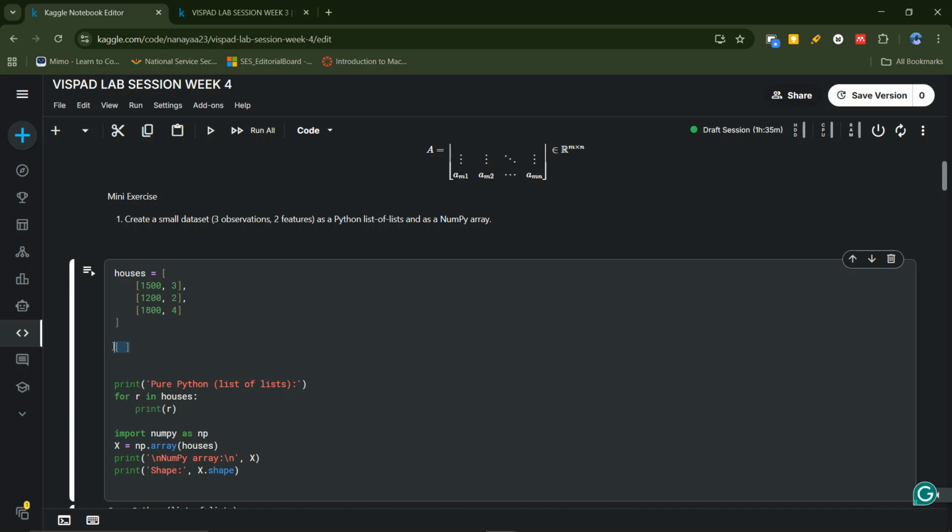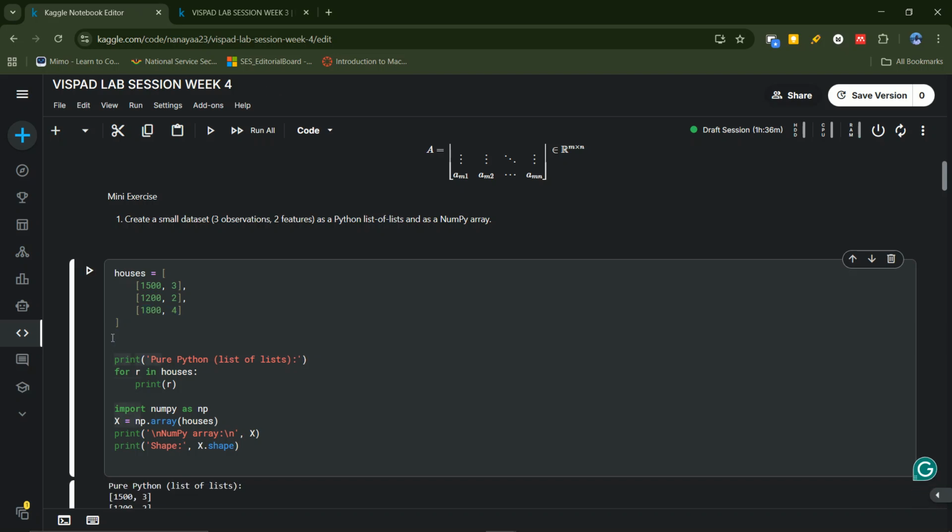Each element is separated by a comma, as you see here, and this itself is one list. This is another list. This is another list. So we have 3 different lists inside the main list. That's why we call it a list of lists, and we classify it as a matrix. I hope you understand me up to this point.